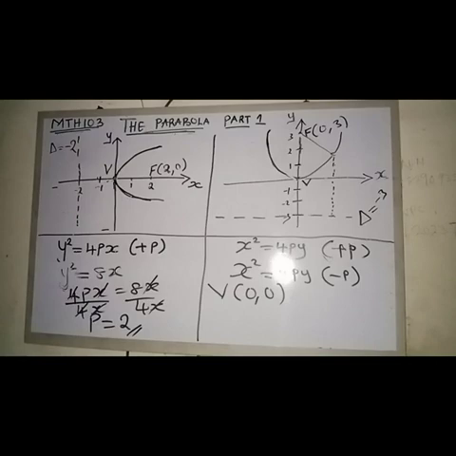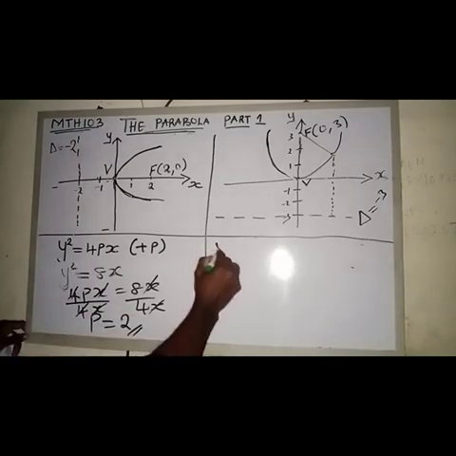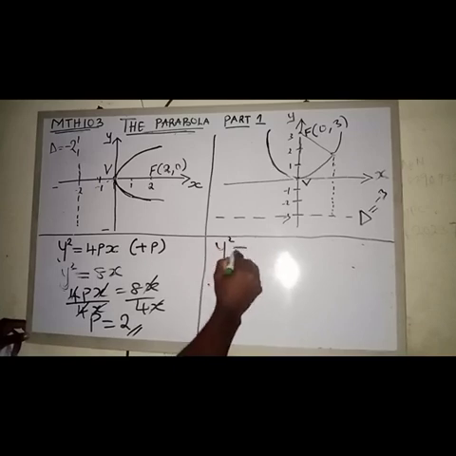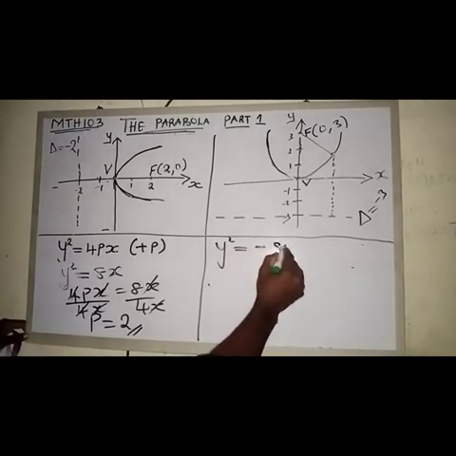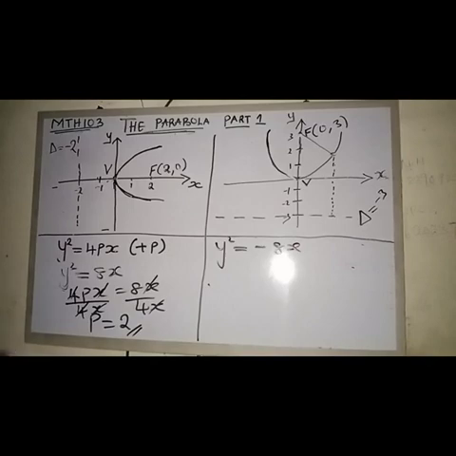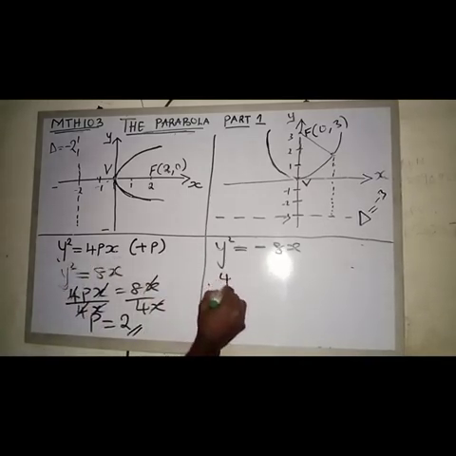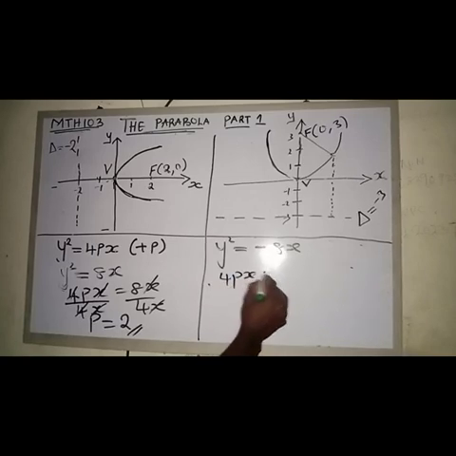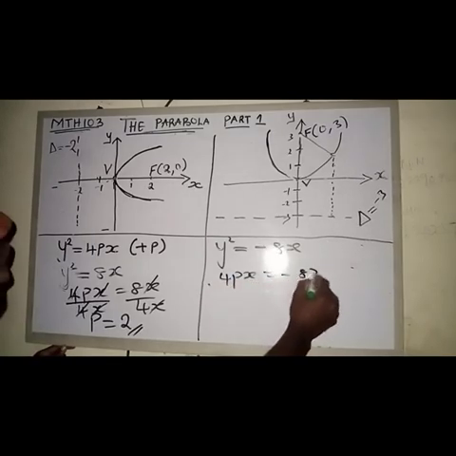Now, in the same way, we have y squared is equal to negative 8x. Now, at this point we compare it with our equation, y squared is equal to 4px. So we have 4px is equal to negative 8x.